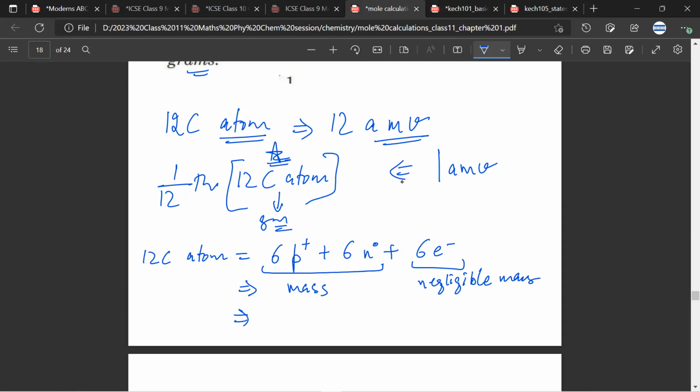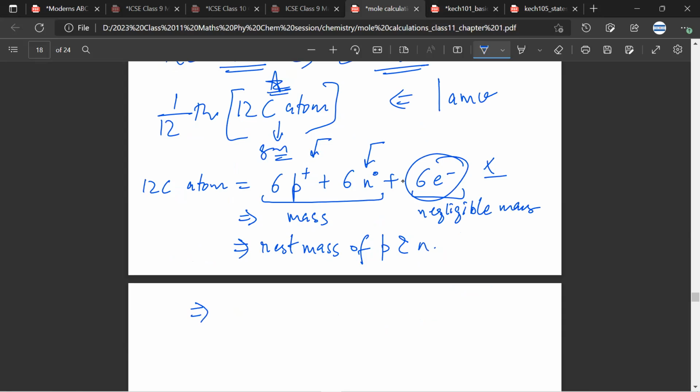And when you do a Google search, and you will come to know the reason behind it later, they'll always talk about the rest mass of proton and neutron. Have you understood what I'm saying? Yeah. So I can Google the rest mass of proton and neutron, and I can put it here. I can calculate it because the electron mass is anyways negligible. Have we understood? Yeah.